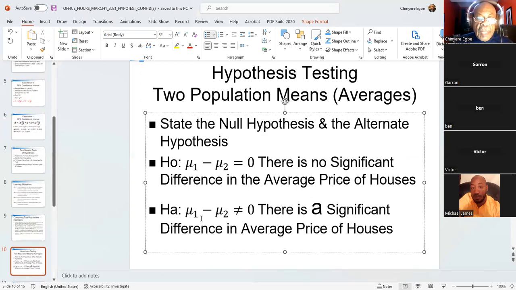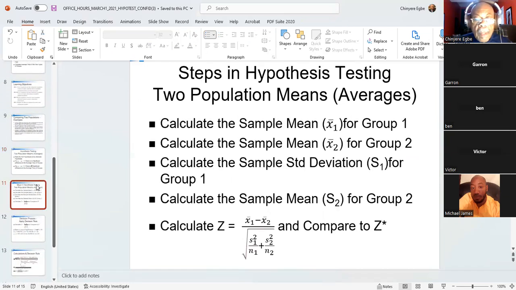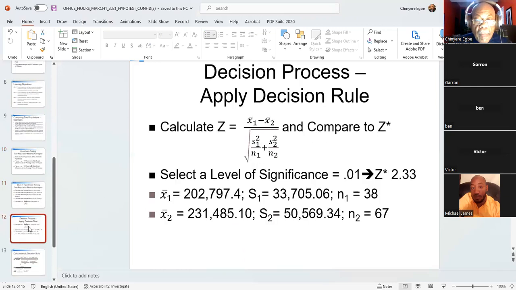Now, if there is a significant difference, then mu1 minus mu2 will not be equal to 0. So there is a significant difference in the average price of houses. Right? So we'll go through the calculation that we know already.